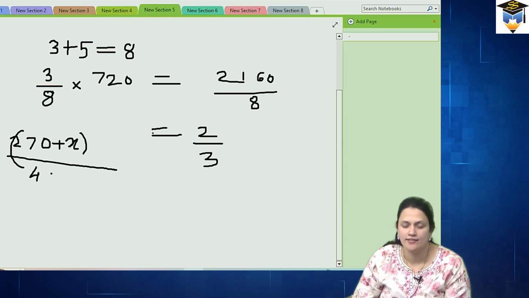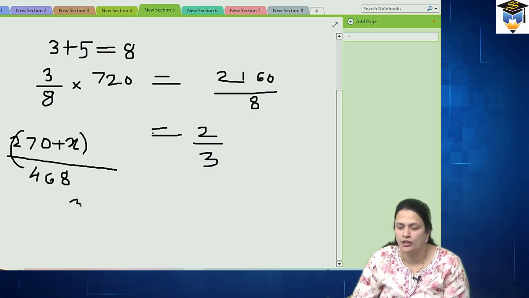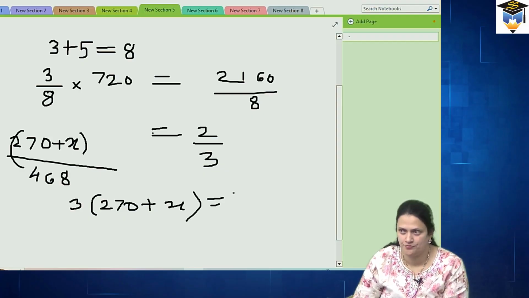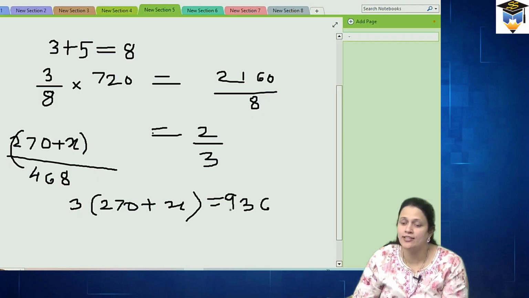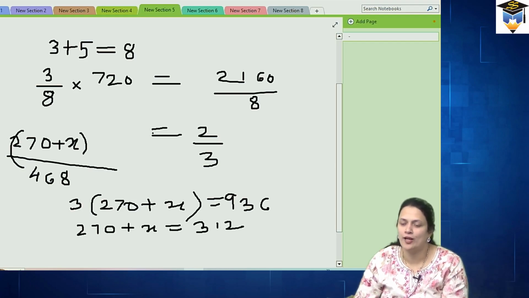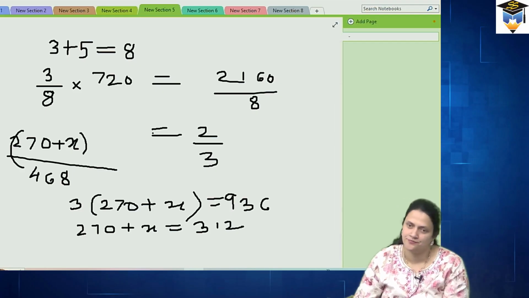So cross multiply. Cross multiply, that means what you need to do? So now tell me how much is 468 into 2? 936. So now tell me how much is 936 divided by 3? And tell me how much is 312 minus 270? That will give you x. Understood?